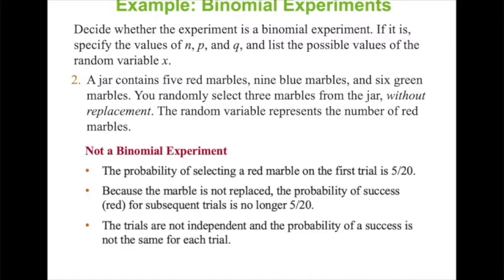If it is not returned, then the probability to get a red marble the second time is no longer 5 over 20, but it is equal to 4 over 19 because one has been taken out. So therefore, this also means the trials are not independent, and the probability of a success is not the same for each trial.